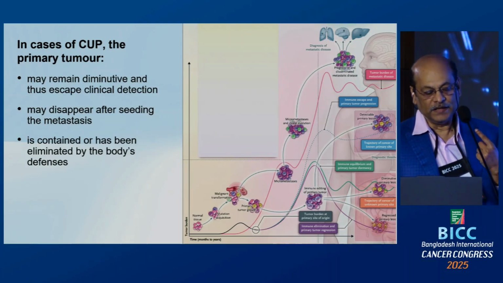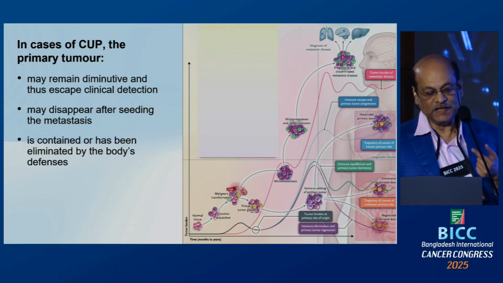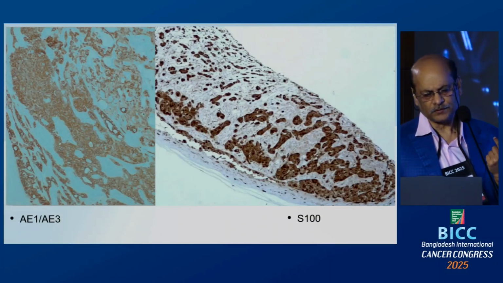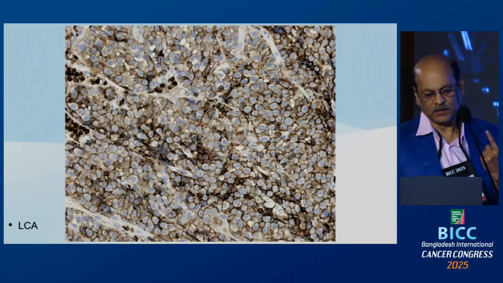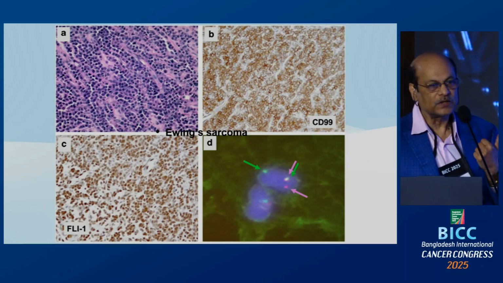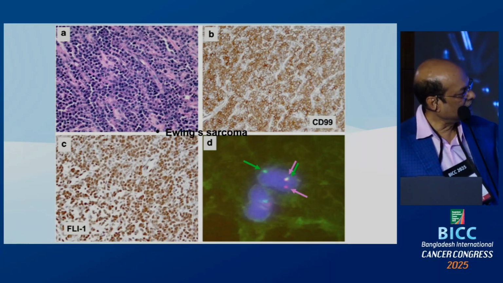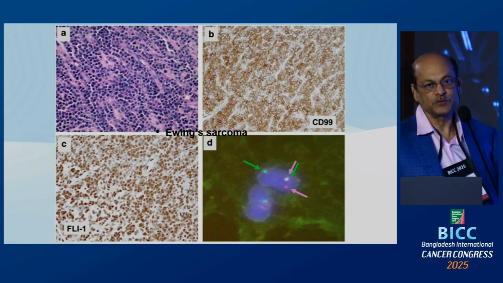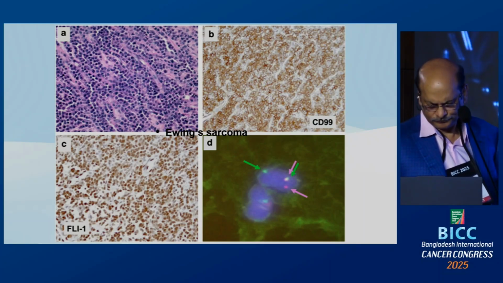And it may be contained or eliminated by the body's defense. This one is a malignant small round cell tumor, and CD99 is positive, FLI1 is positive, so it is Ewing sarcoma.